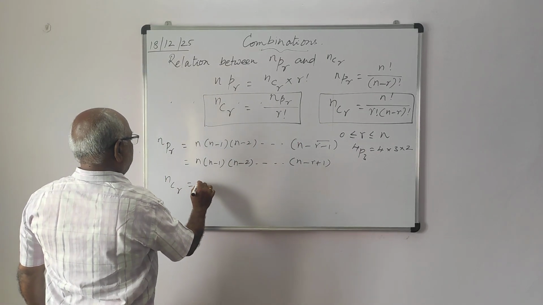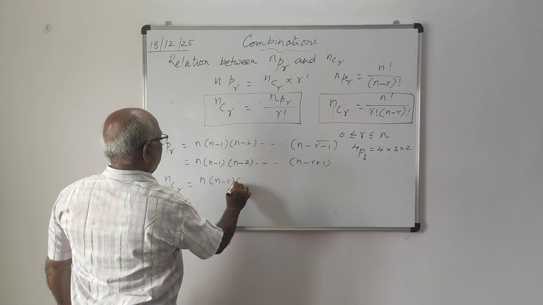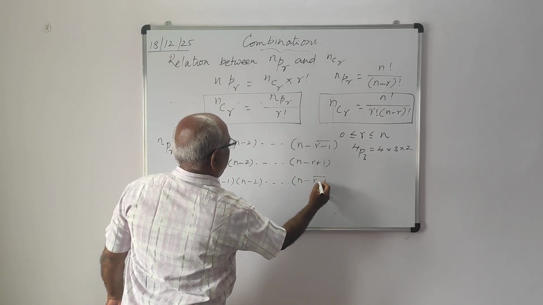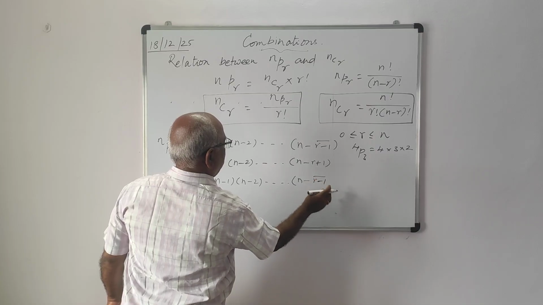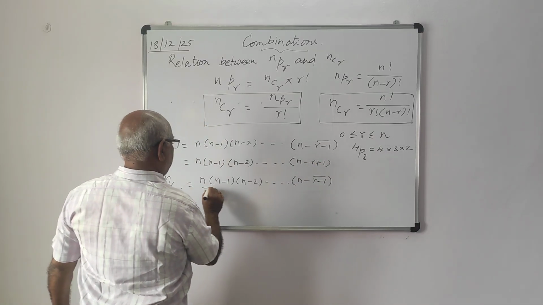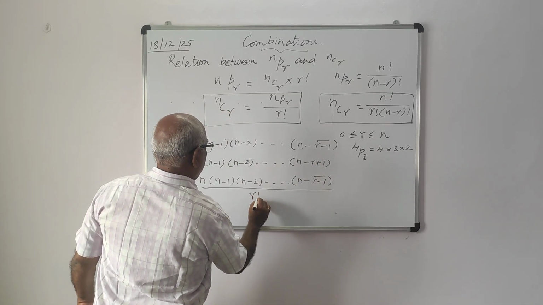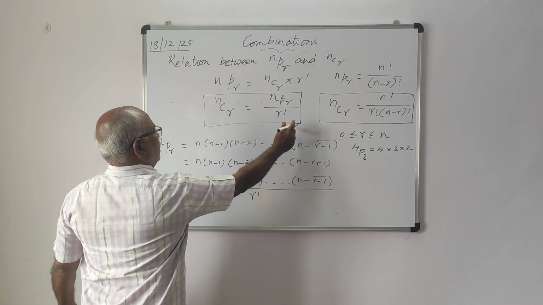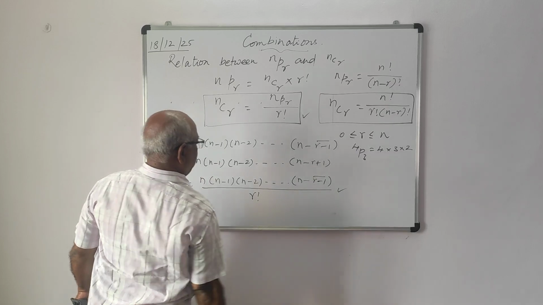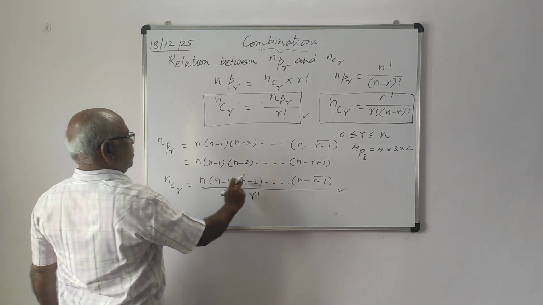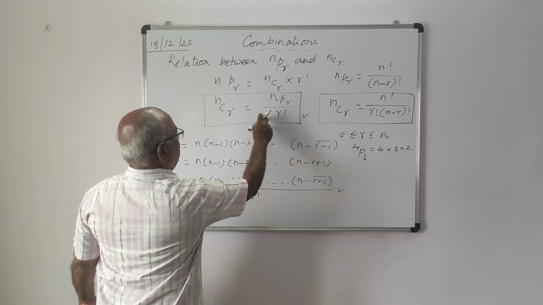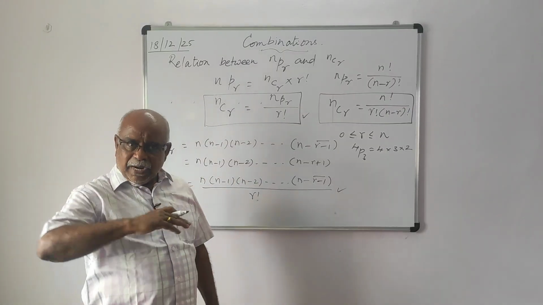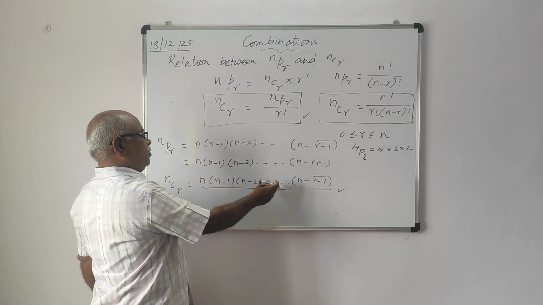So nCr equals nPr, n into n minus 1 into n minus 2, etc., n minus r plus 1, divided by r factorial. nCr equals nPr by r factorial. This is the idea. I am writing nPr in expanded form: n into n minus 1, etc., n minus r plus 1.